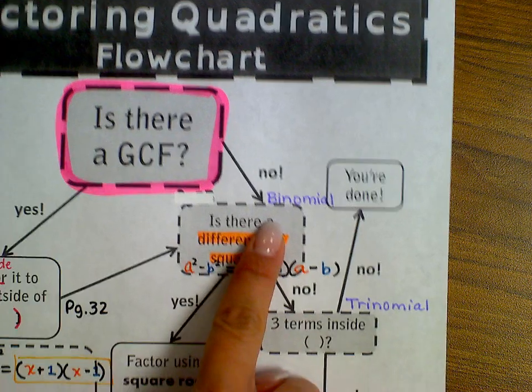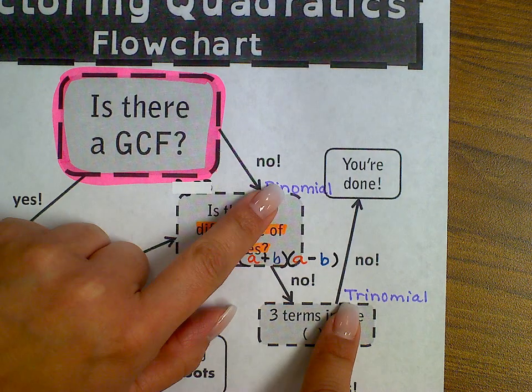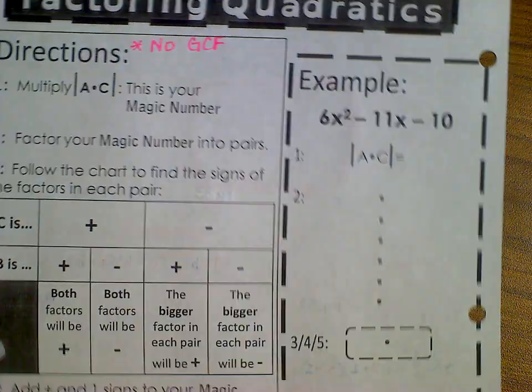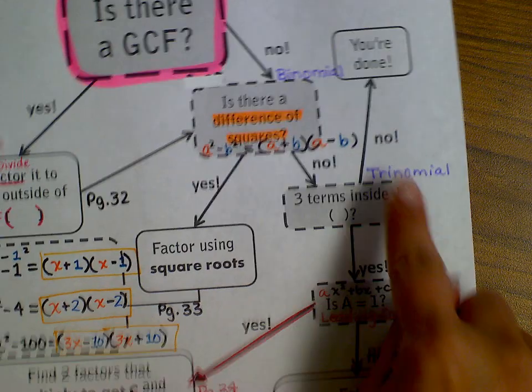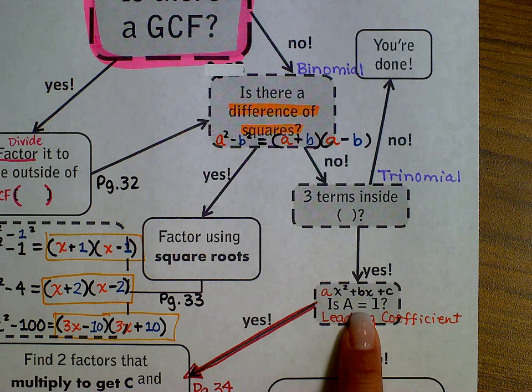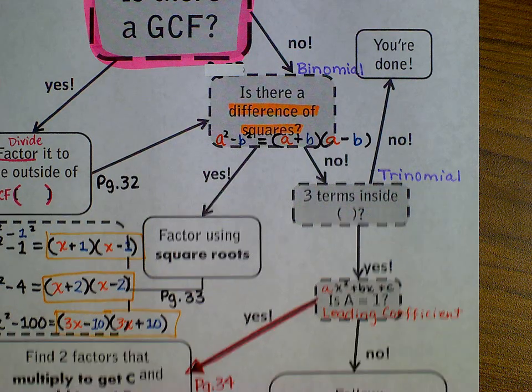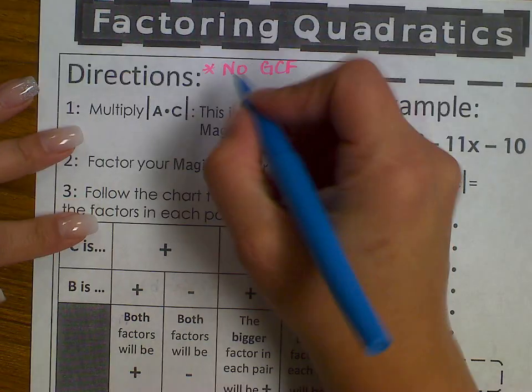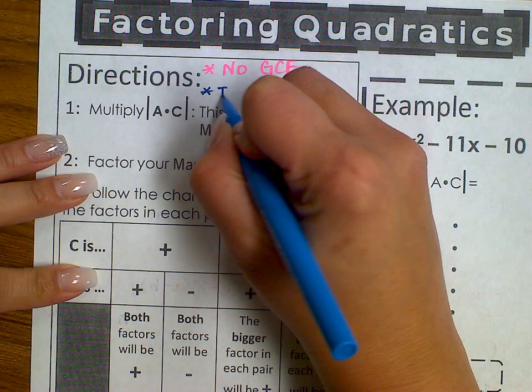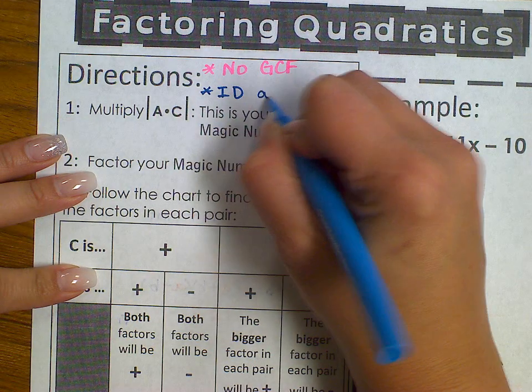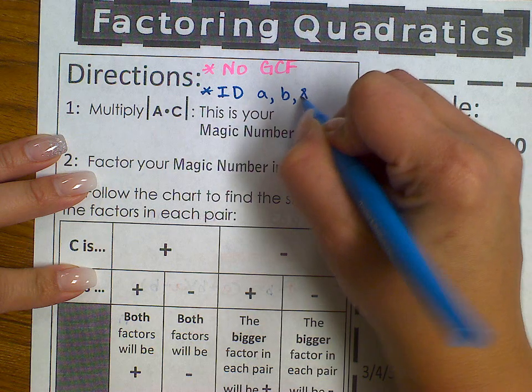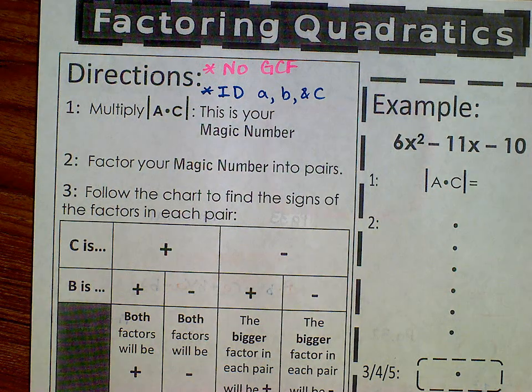The next thing I'm going to ask myself is, do I have a binomial or trinomial? I do have a trinomial. Is my A value equal to 1? No, that's why I'm doing factor by grouping. Now, I want to identify A, B, and C. Help me out.